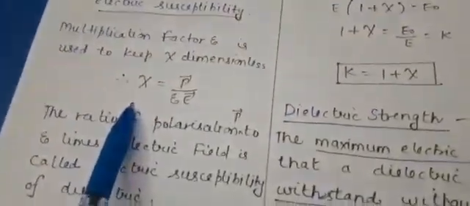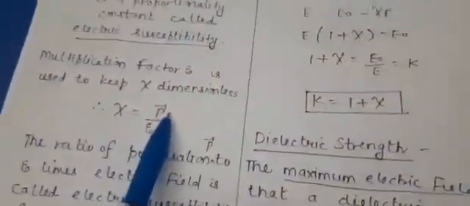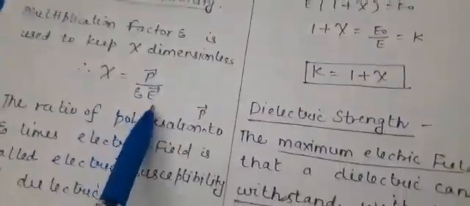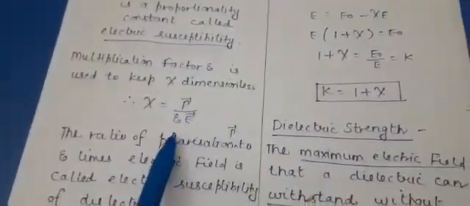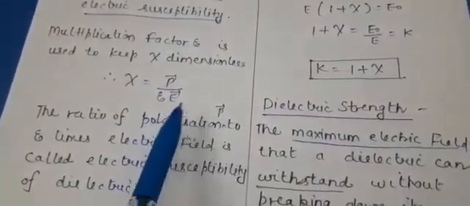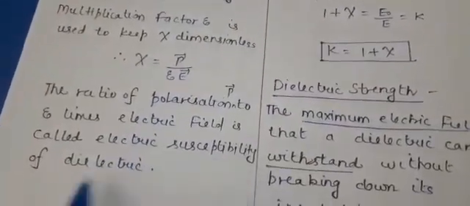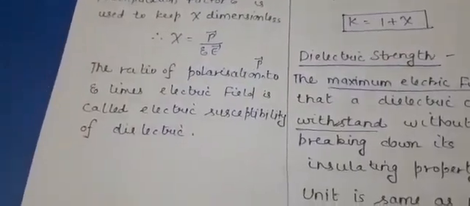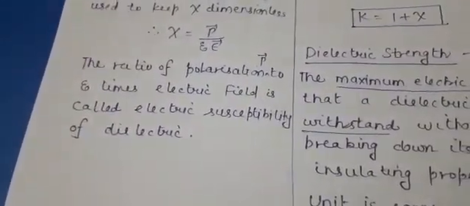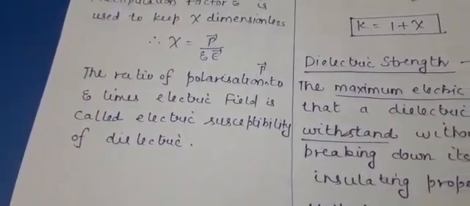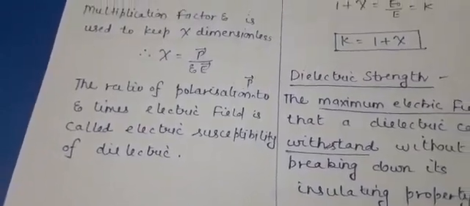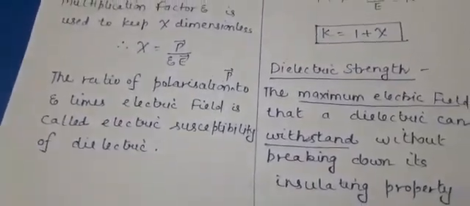From that result, electrical susceptibility comes out to be polarization divided by epsilon naught times electric field. The ratio of polarization P to epsilon naught times electric field is called the electrical susceptibility of the dielectric. So we just have to learn this definition, the concept and the formula of electrical susceptibility.